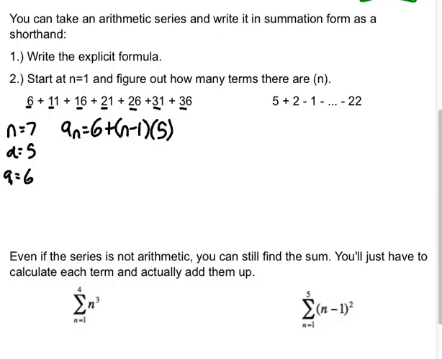D is 5. So notice, because I am actually just trying to get the explicit formula, remember, in the explicit formula, n is meant to be your variable. So I need to leave n alone. Distribute this, 5n minus 5.